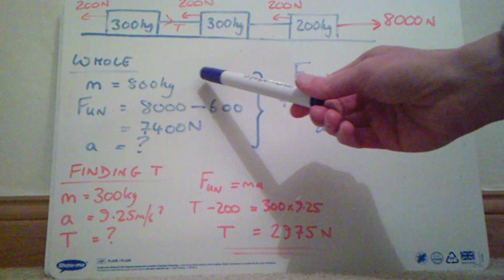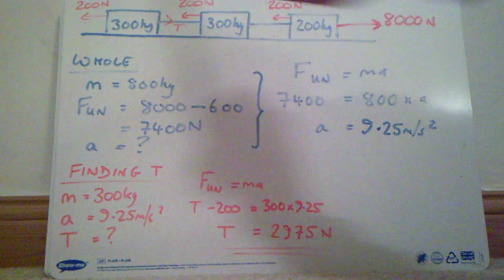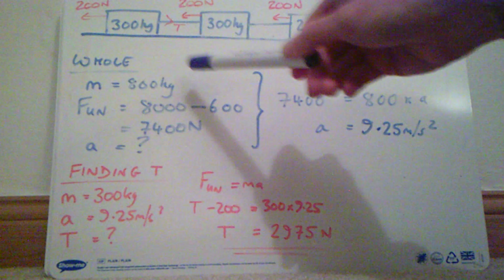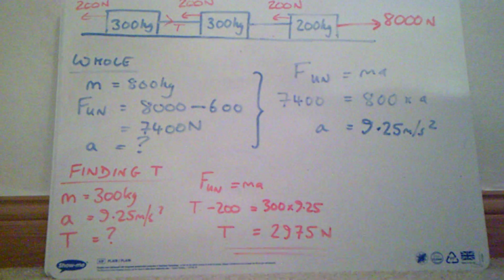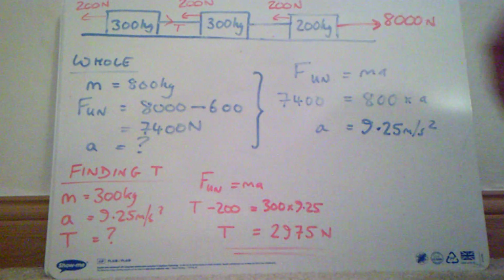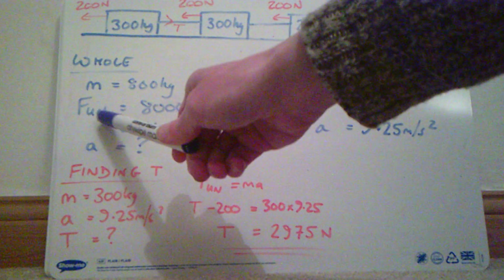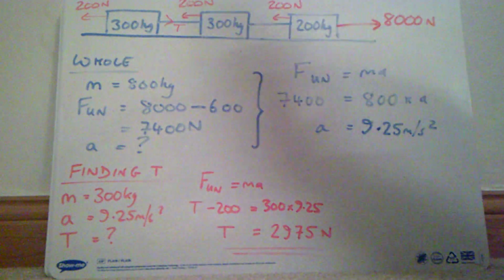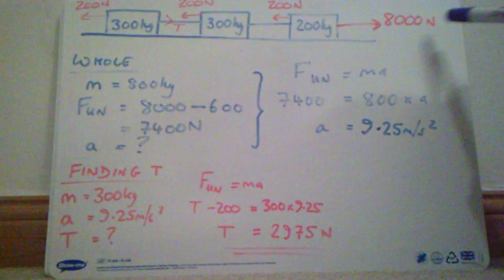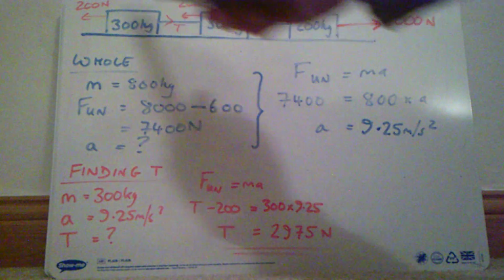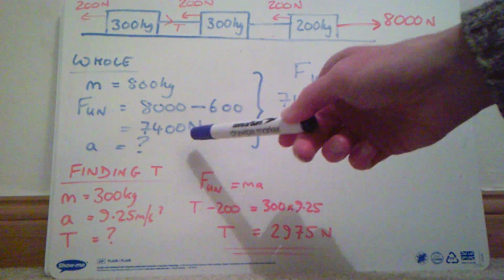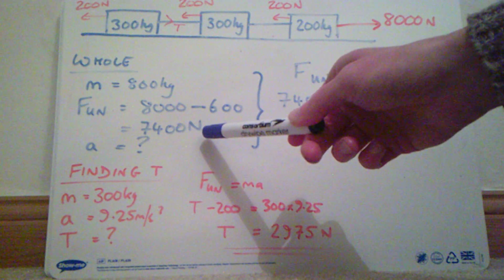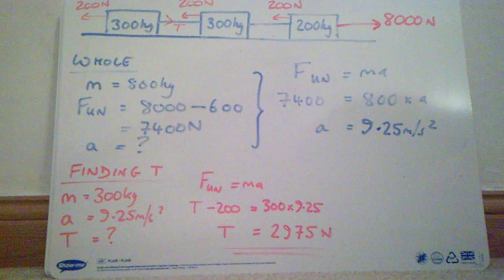So remember, we said to begin with we think about the whole system. So the mass of the whole system is 300 plus 300 plus 200, which is 800 kilograms. The overall force of the whole system is 8,000 minus 200 minus 200 minus 200. So 8,000 minus 600, which is 7,400. And we're trying to find a.